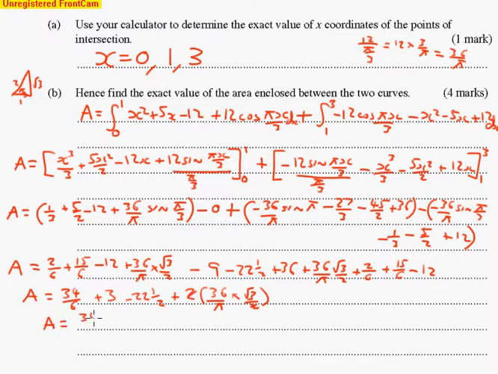I've got 34 on 6 plus, put that in 6, that'll be 18 on 6 minus, I'll go back to 45 on 2, change that to 6 by multiplying by 3 over 3. That gives me 45 times 3 is 135 plus 36 root 3 on pi.